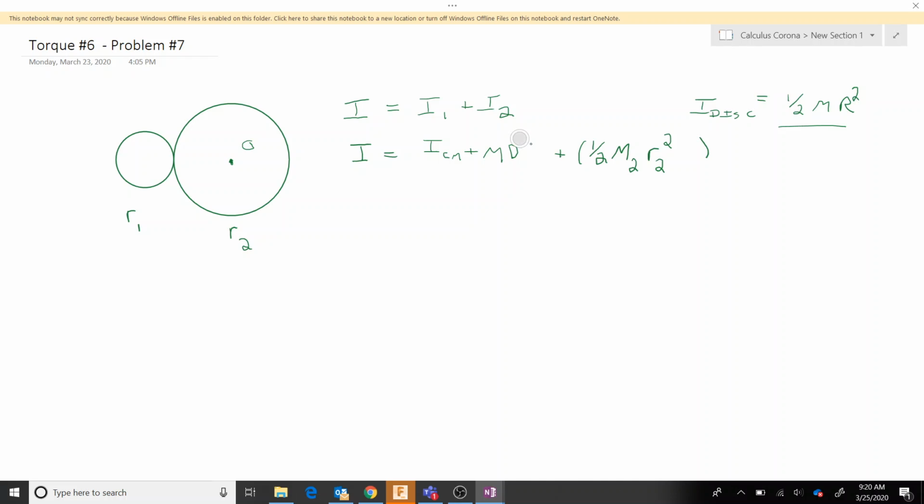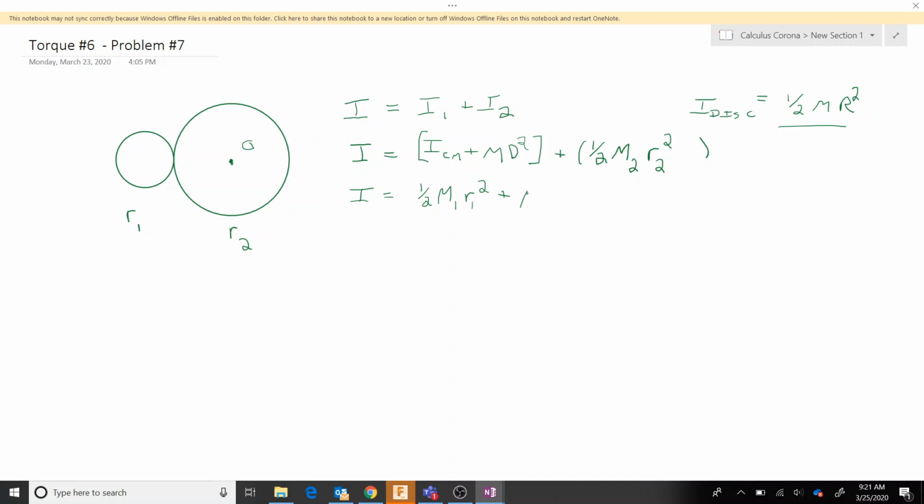This whole expression is then the moment of inertia of disk number 1 around this origin. So I'm going to do 1/2 times mass 1 times R1 squared.